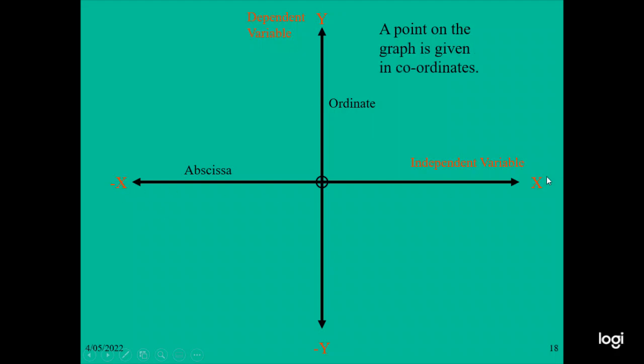The point on the given graph is given by the coordinates. So this is x1 and y1, this is a coordinate. This coordinate is x2, y2.